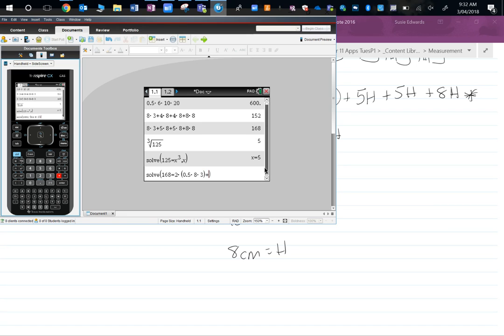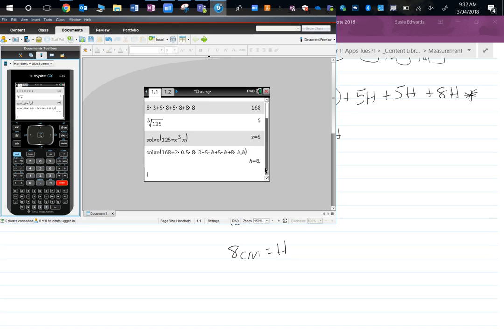Make sure you get that out of the brackets, plus 5h, plus 5h, plus 8h. And we're trying to find h. And your height equals 8.